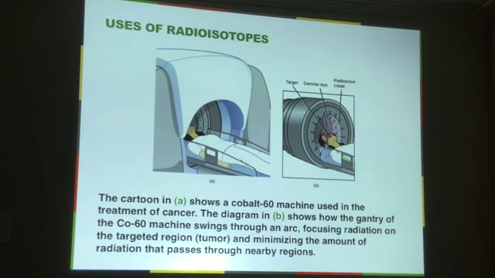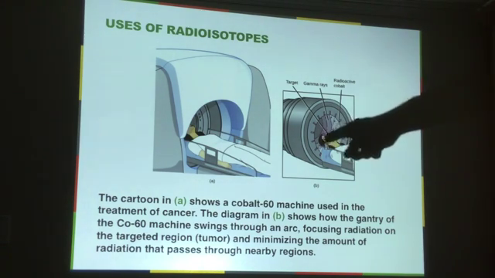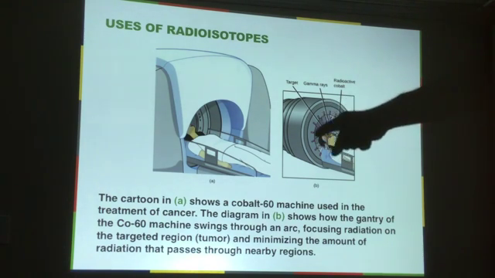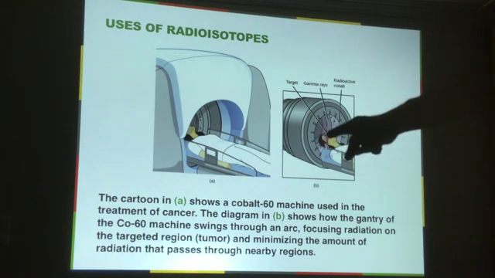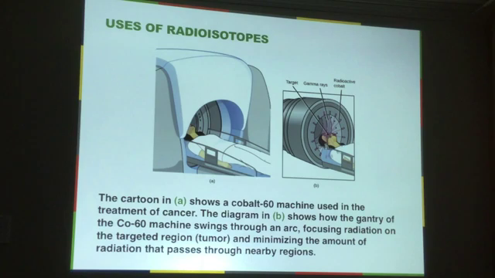And it's called a gamma knife because it's gamma rays, and it acts like a surgical excision of the tumor. This person is probably getting a pituitary treatment because right in the middle of their head is where the pituitary gland would be, and you can see that all these rays are directed in a three-dimensional way right at the middle of the person's head.